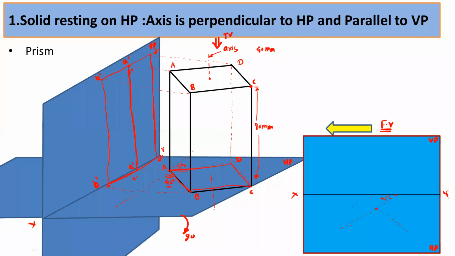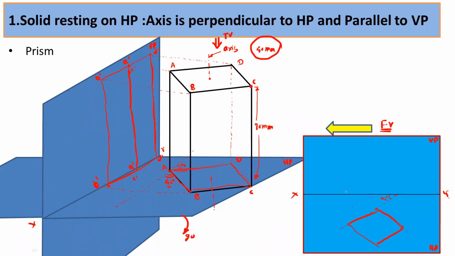So you can mark that 40 and then complete this square. Okay. So this is the square which will represent the top view of the prism, that is a square prism, when its base is equally inclined with the vertical plane.